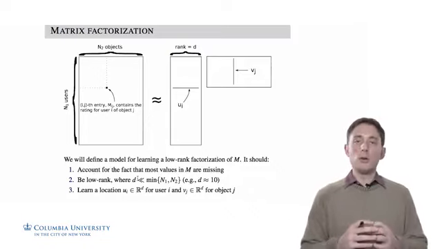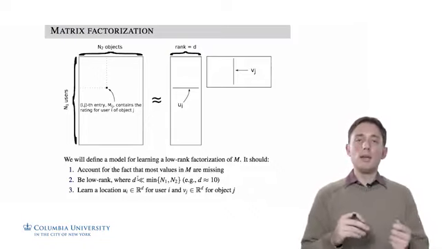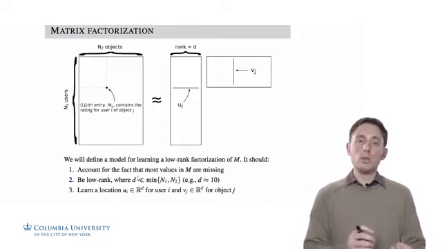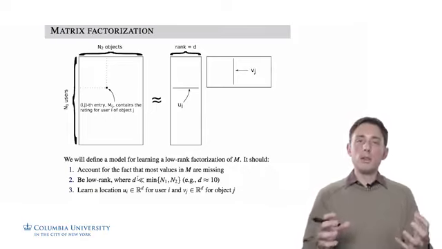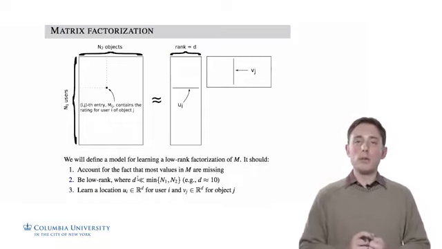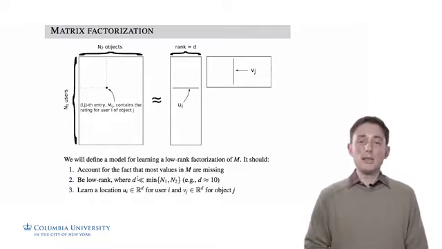And intuitively, you could almost think of it as saying how many things are really taken into consideration when giving a movie a rating. If d is equal to 10, then that's like saying there are 10 underlying things that factor into a particular person's rating of a particular object, but we aren't going to define the meaning of what those are. It's a latent sort of thing.